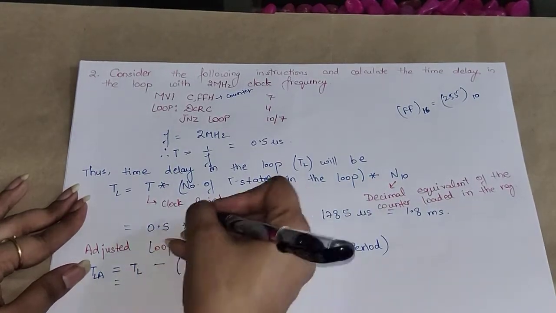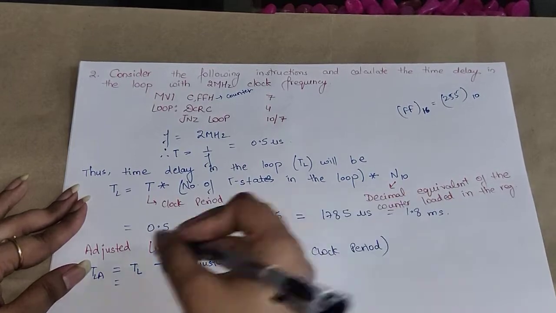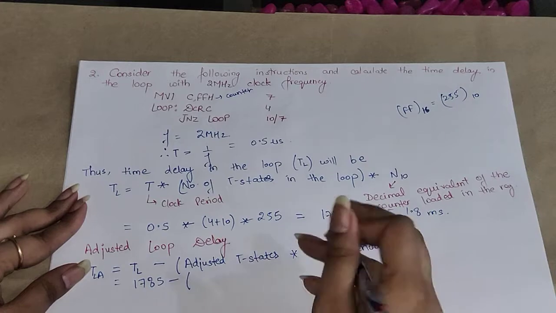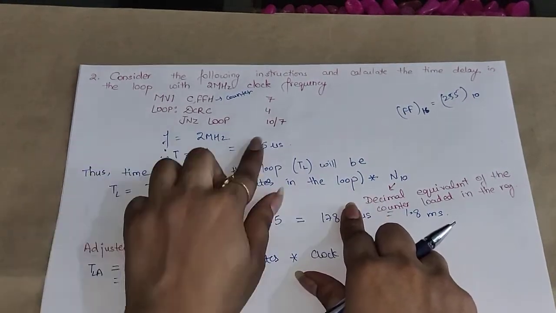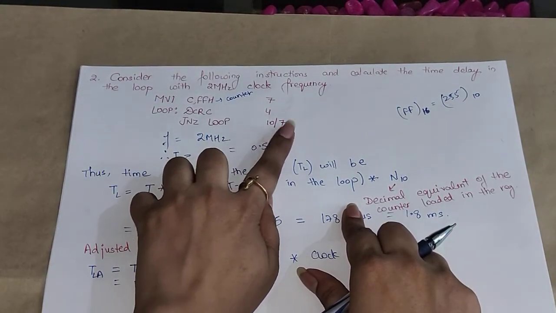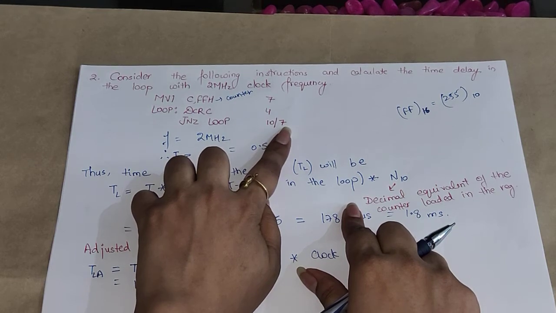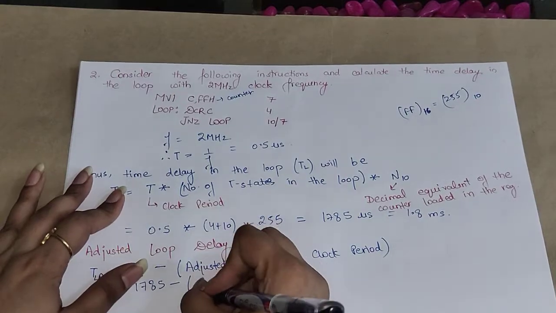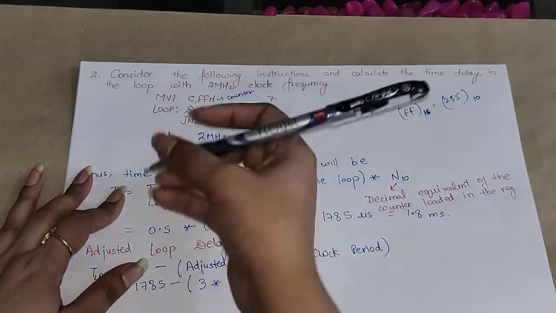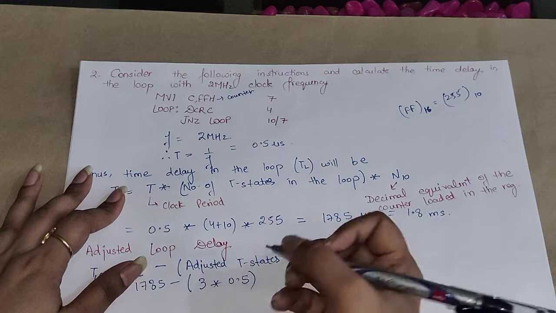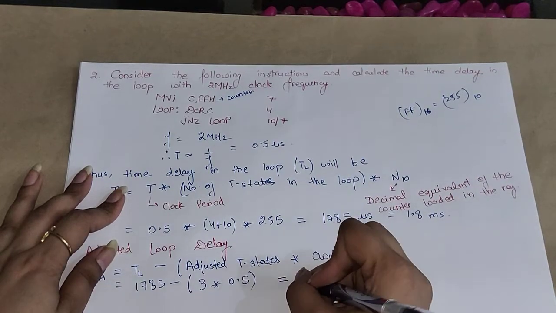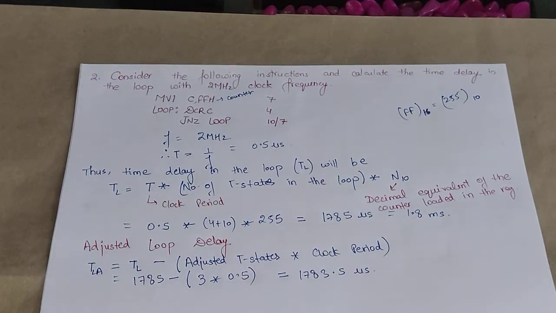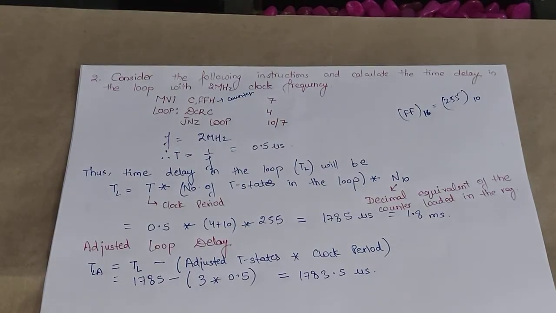TL we have just computed, 1785. 1785 minus adjusted T states. Adjusted T states means here we have 10, outside it is 7. So adjusted T states is 10 minus 7, that is 3. So 3 into clock period 0.5. This is equivalent to 1783.5 microseconds. So this is the adjusted loop delay.